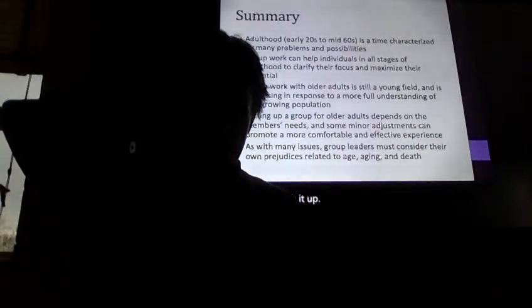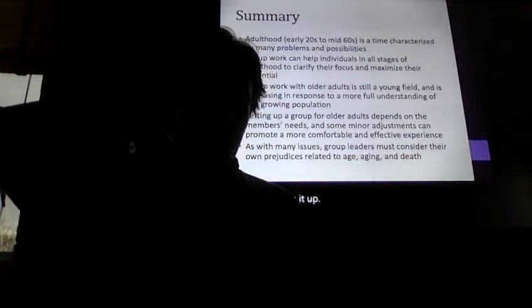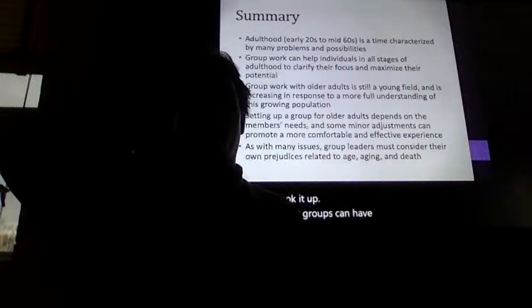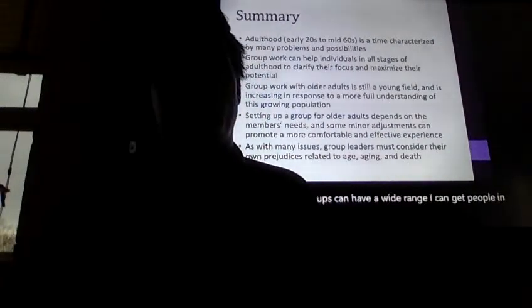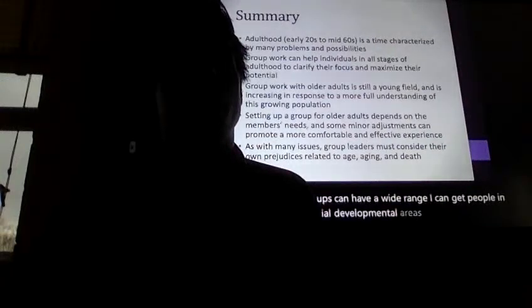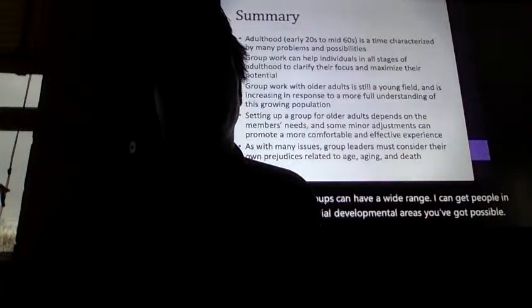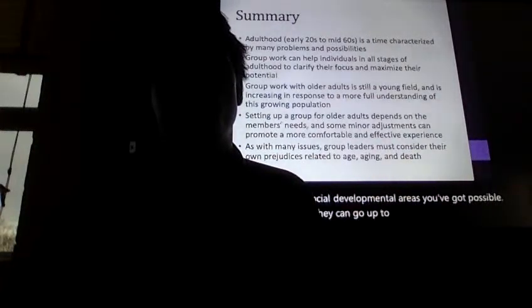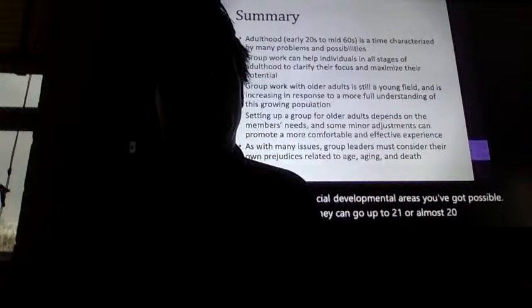So as you can see, adult groups can have a wide range. You've got people in so many different psychosocial developmental areas. You've got possible graduating seniors on an IEP, who can go up to 21 or almost 22 years old.